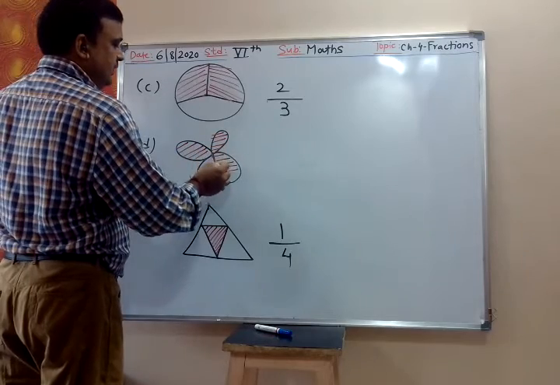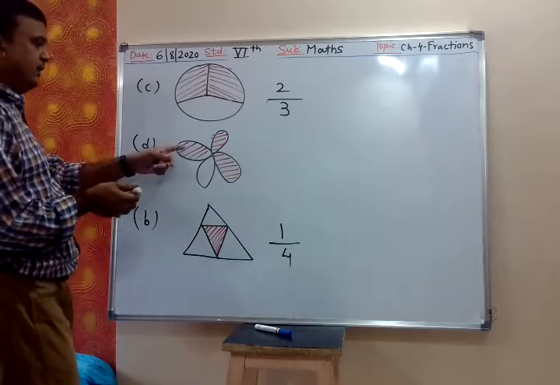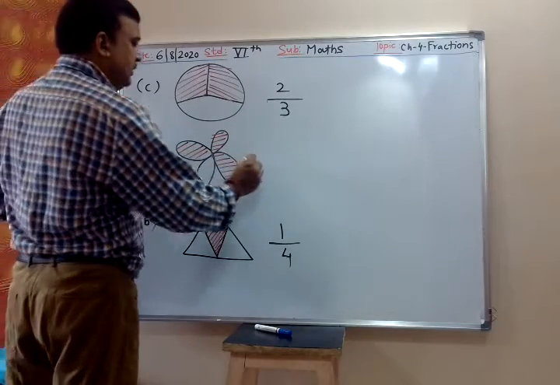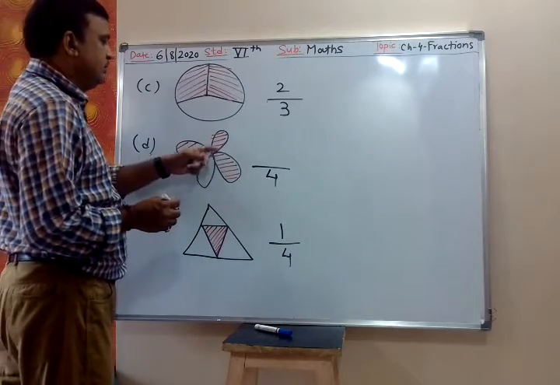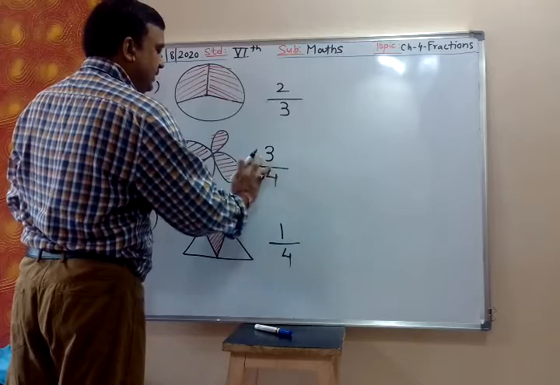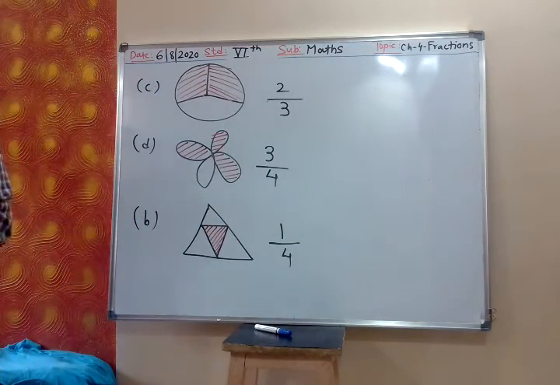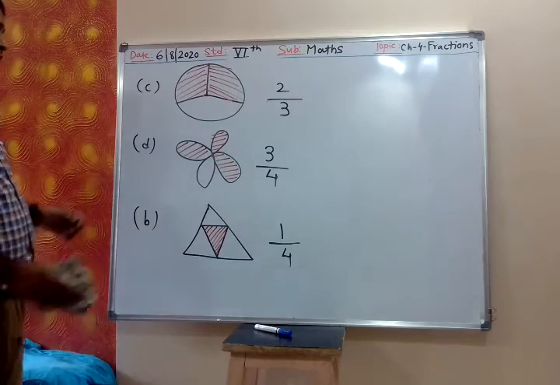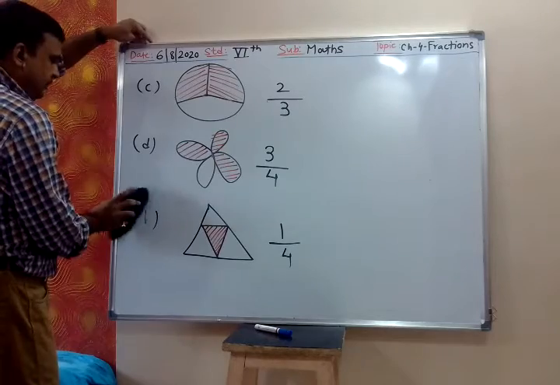So total how many petals are there? 1, 2, 3, 4. So we write 4 in the denominator. How many shaded? 1, 2, 3. So it is 3 upon 4. The shaded part we write in the numerator, the whole part in the denominator. So the fraction is 3 upon 4.